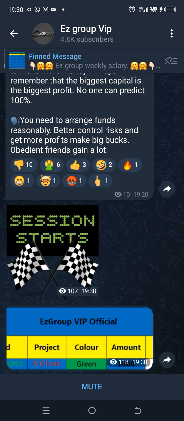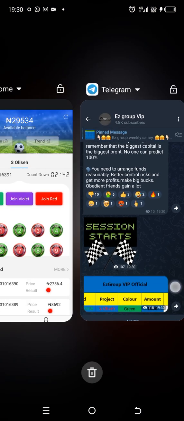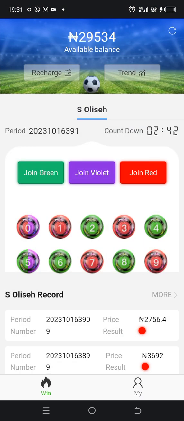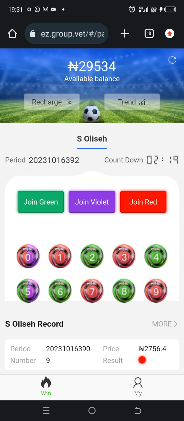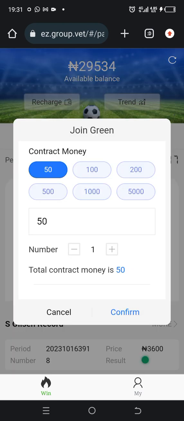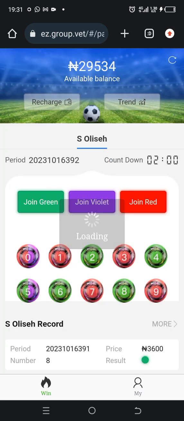So now officially we have started and we're on green. Where is green? I'm going to choose something a little bit smaller because of the tragic experience we had in the last trade. So let's say 1,000, and click on confirm. That is green that we have played, 1000.